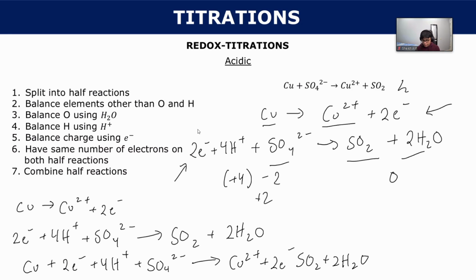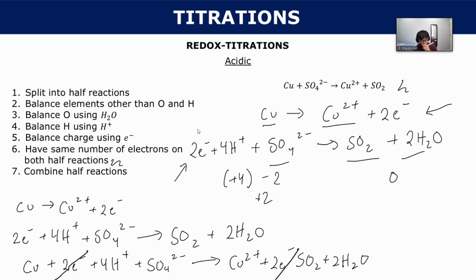And so now what can we do? Well, we know that there's 2 electrons on both sides. We have 2 electrons here and 2 electrons here, so we can cancel them out. And that was the purpose of step 6. So if you didn't have the same number of electrons, you would still have electrons on a certain side of the reaction, but since we have the same number of electrons on both sides of the reaction, we can now cancel them out.